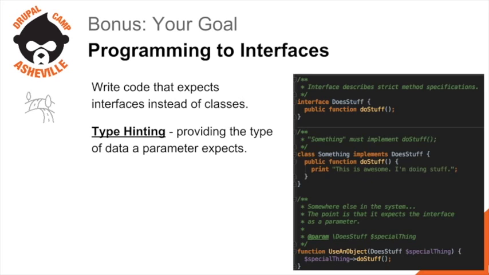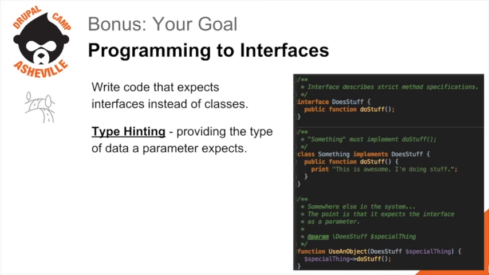What if something else wanted to make use of this function, and it wanted to pass in its child of Something, called SomethingElse? If I had programmed this function to expect Something, then it is impossible for me to pass SomethingElse into it. The system breaks, fatal error.